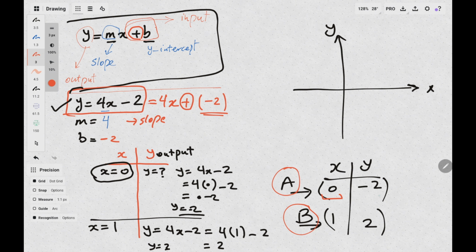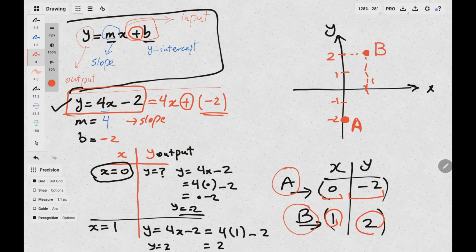It's 0. What is y for point A? Minus 2. So I'm going to represent point A here. And for point B, I have x equals 1 and y equals 2, so this is point B.